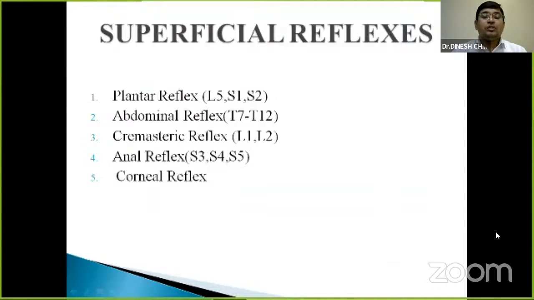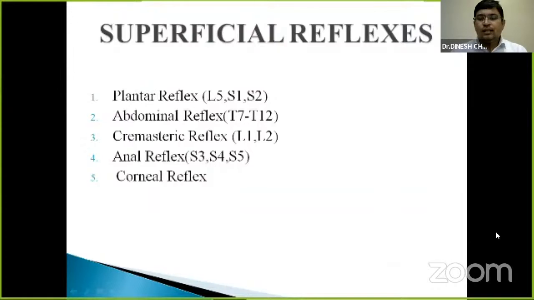The root value is S3, S4, S5. Then the corneal reflex, again a superficial reflex we test at the cornea. So these are the five reflexes. We will see how to elicit them, mainly focusing on the plantar reflex, abdominal reflex, and corneal reflex.